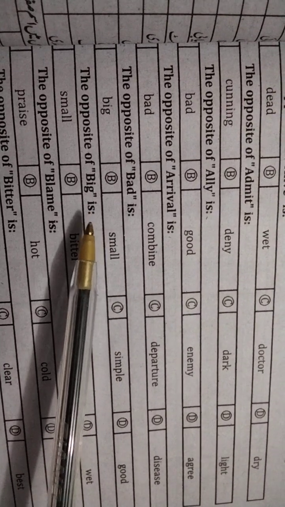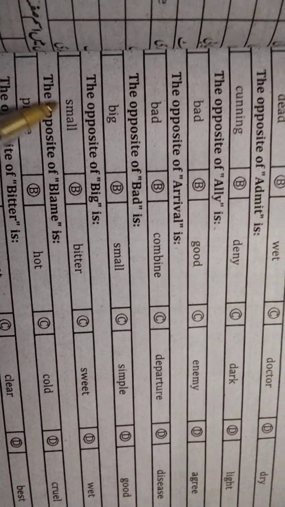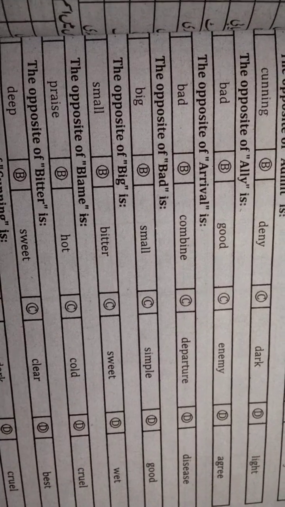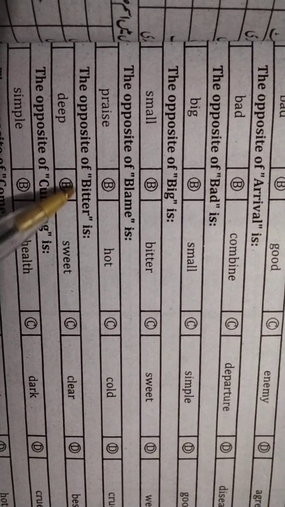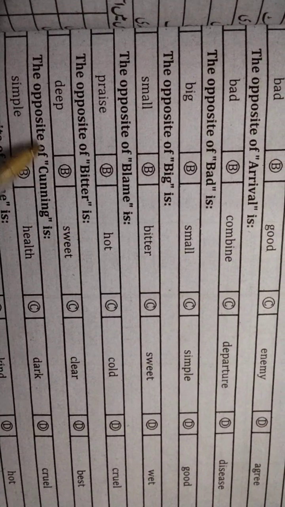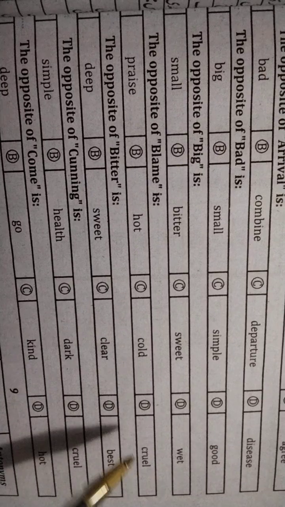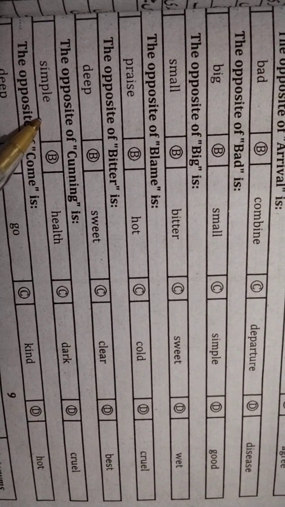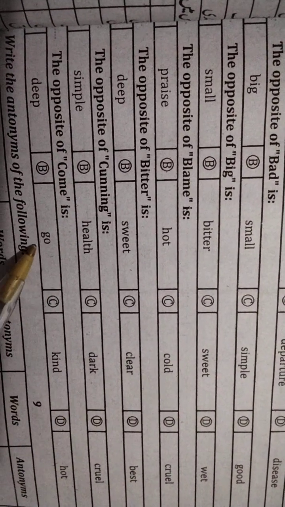The opposite of big is small. The opposite of blame is praise. The opposite of bitter is sweet. The opposite of cunning is simple. The opposite of come is go.